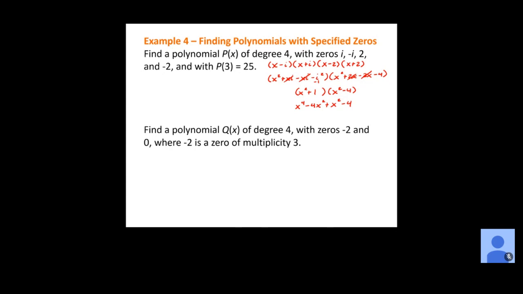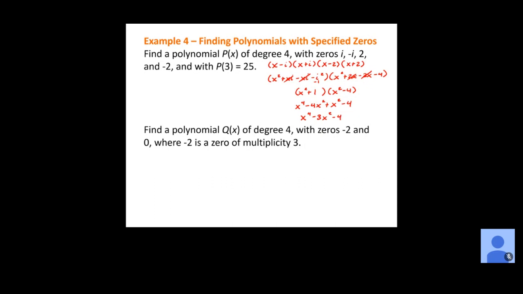So what's our final answer going to be for that polynomial? Good. So x to the fourth minus 3x squared minus 4.